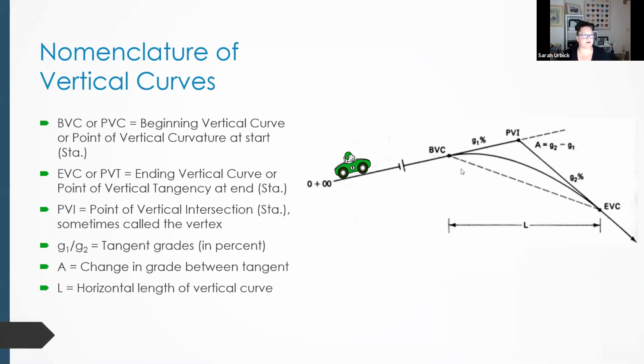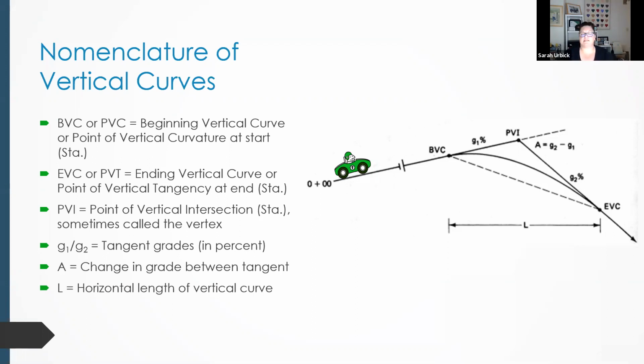And as you can see on this diagram, we're not dealing with a constant radius anymore. We're basically dealing with 2 different slopes at the beginning and the end of our curve. We have our tangent grades. These are going to be in percentages. So when I kept giving you guys problems and questions and quizzes and exams about calculating slopes, percent slopes, and how to handle that, this is why. Okay. It's coming full circle.